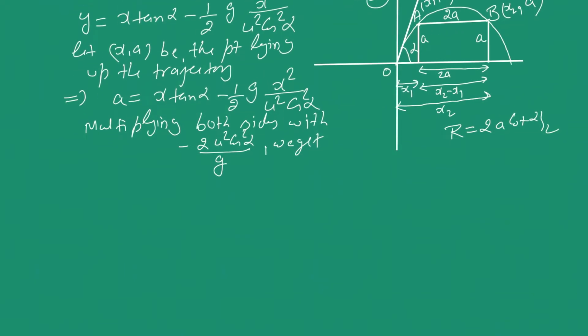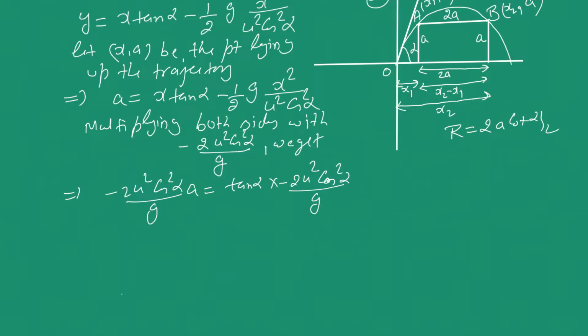This implies that minus 2 u square cos square alpha by g into a is equal to tan alpha multiplied by minus 2 u square cos square alpha by g into x plus x square.